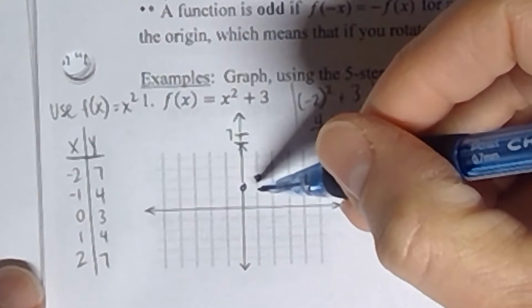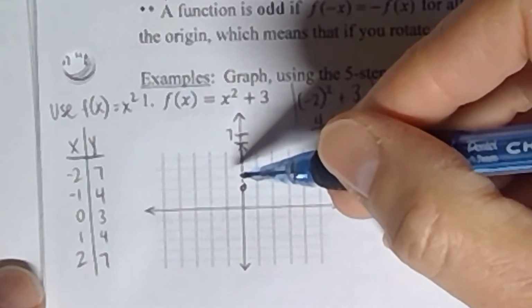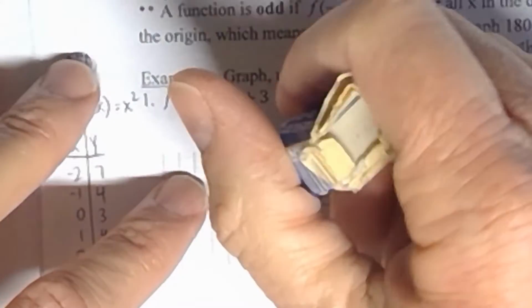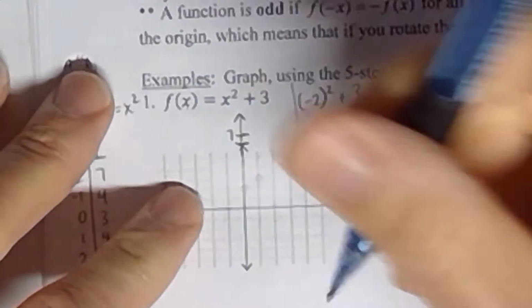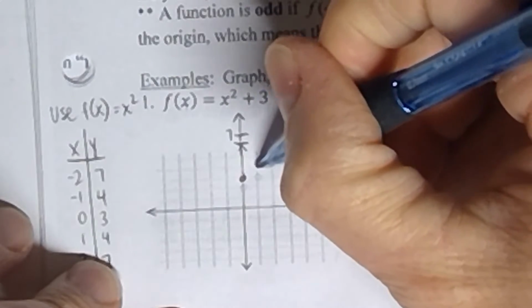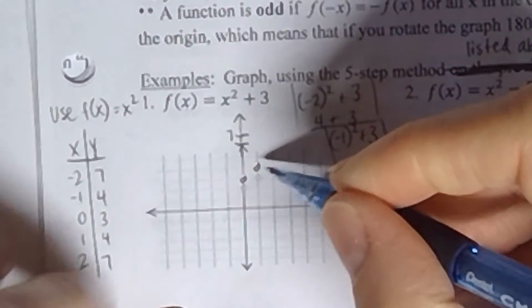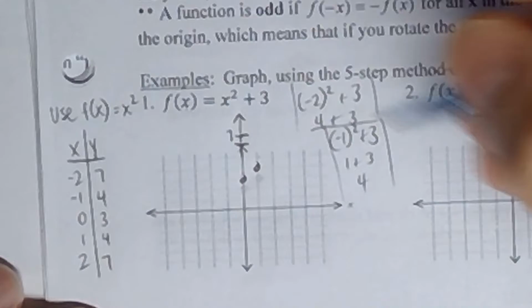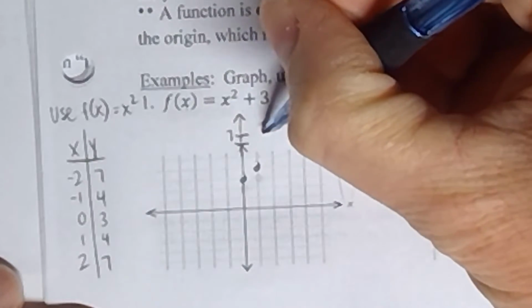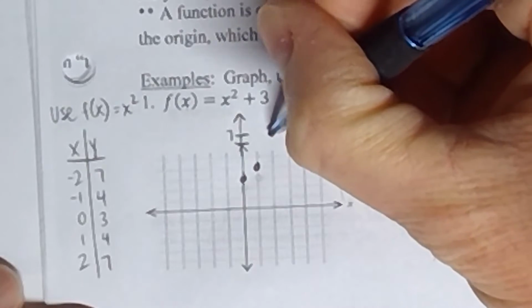Hold on. I'm sorry, I plotted that wrong. I put it one spot too low. So here's the 3 right here. And then here is the 4. 1 comma 4 is right there. And then 2 comma 7 is right there.